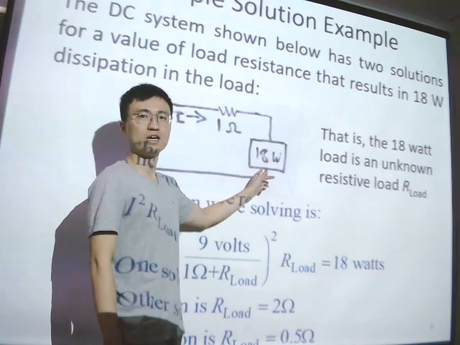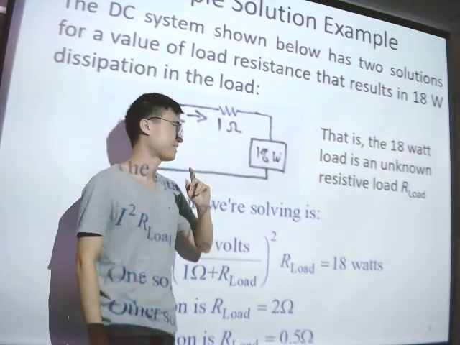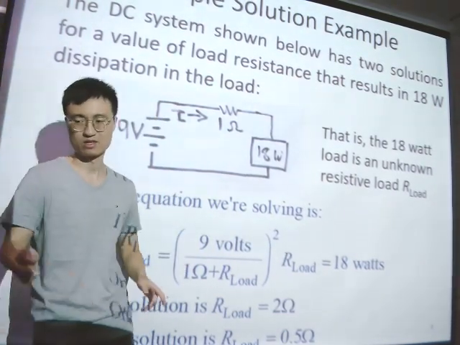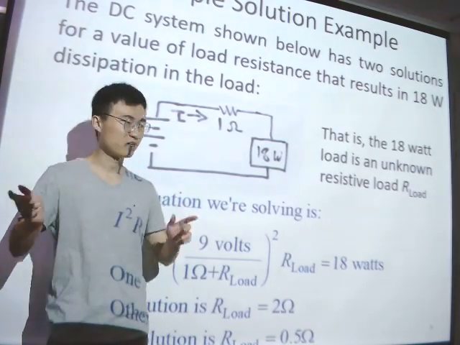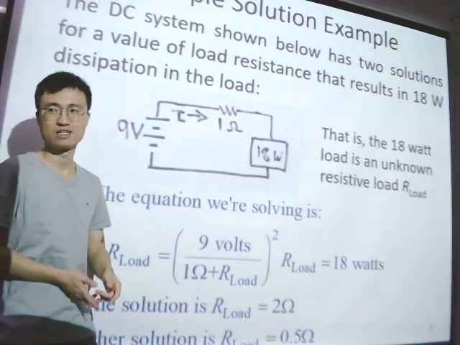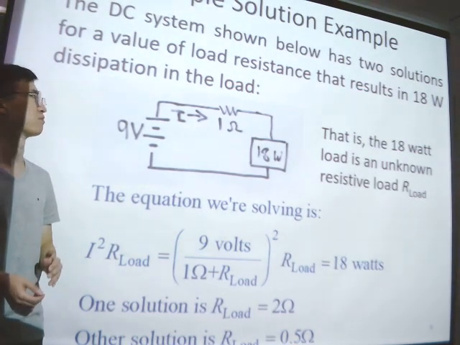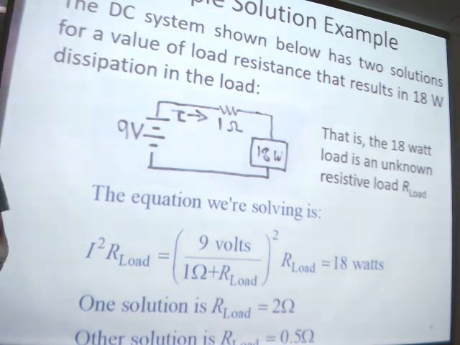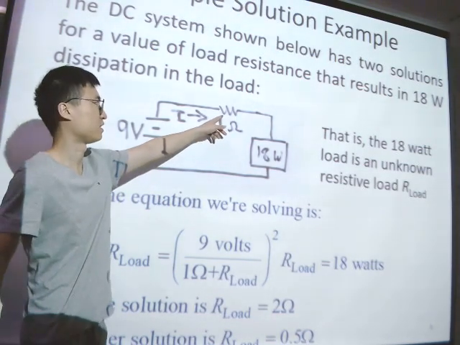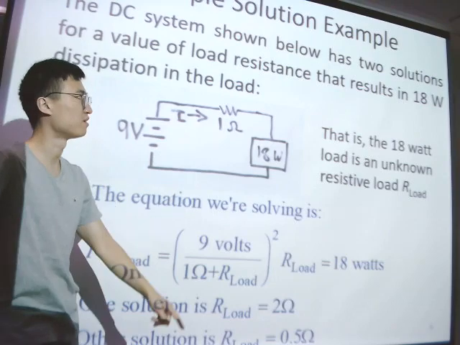Here is a constant power load, which we can assume is our laptop, 18 watt. My laptop needs a constant 18 watt power supply. Also here is a resistor of 1 ohm.